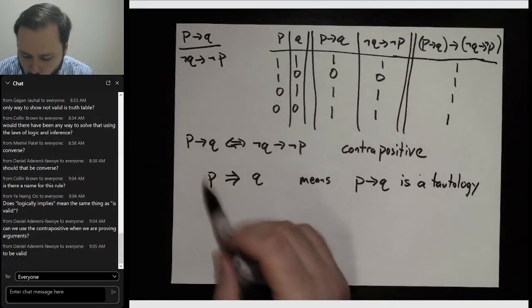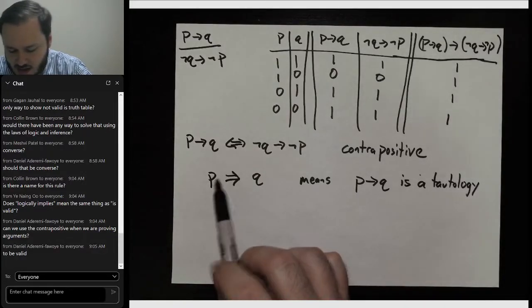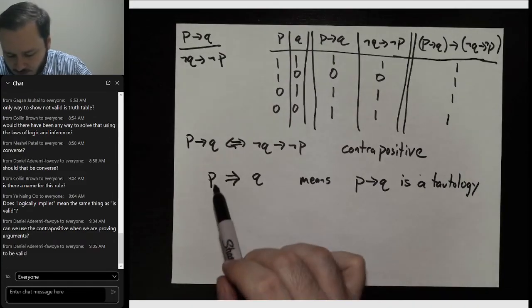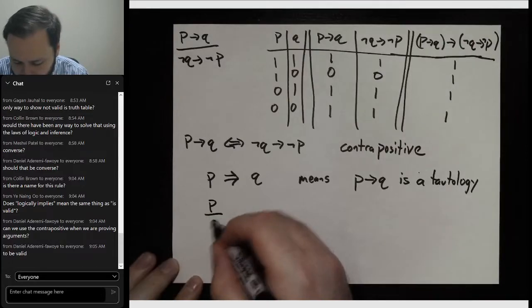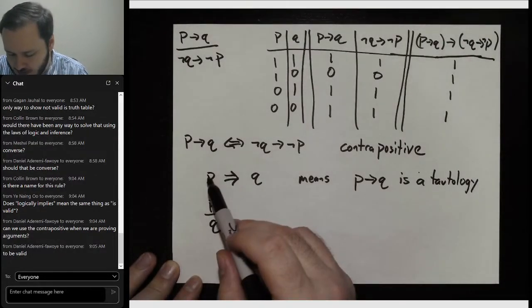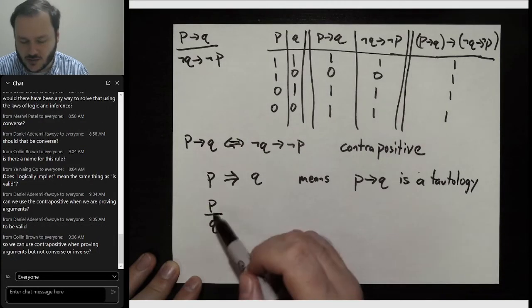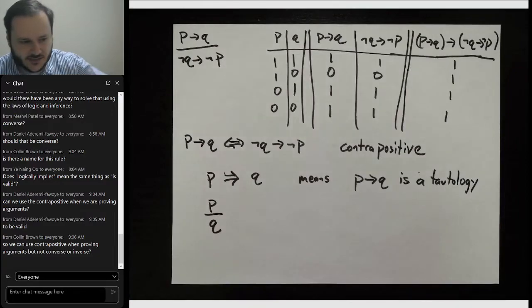And we can always write this statement over here as an argument. So yes, if we rephrased this as an argument, if we wrote it in this form, then if P implies Q, this argument is valid. If P logically implies Q, then this argument is valid, yes.